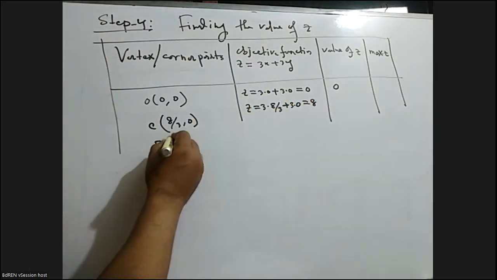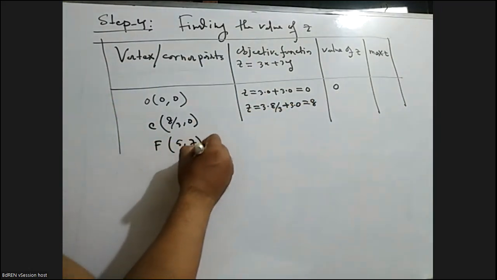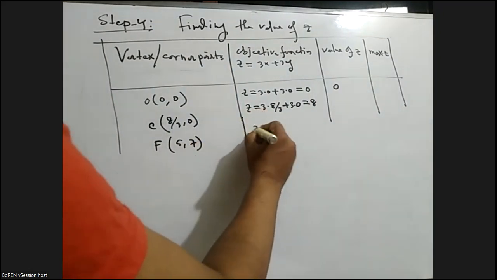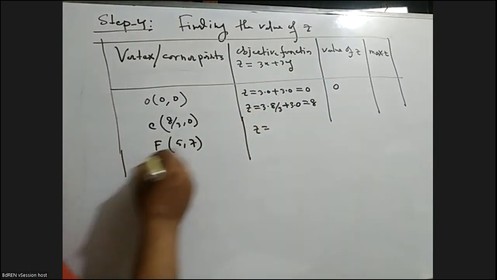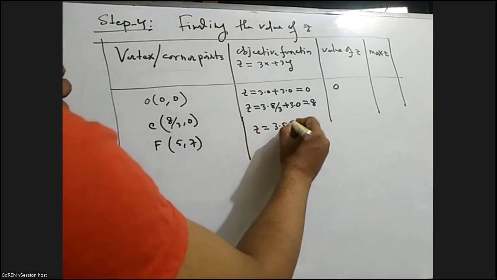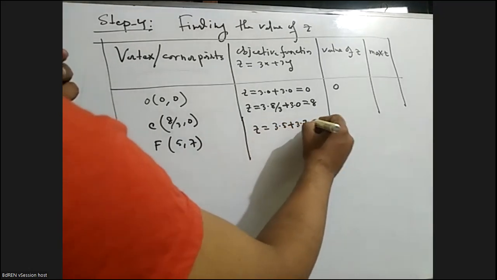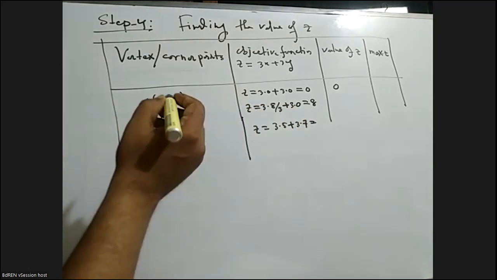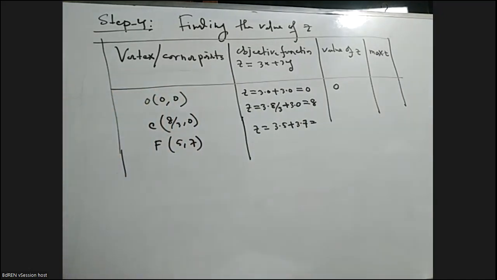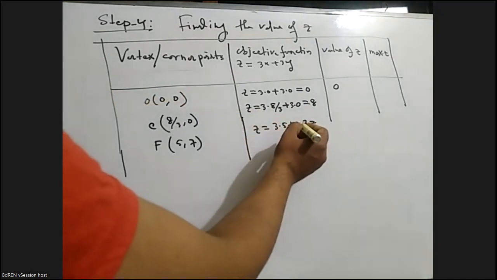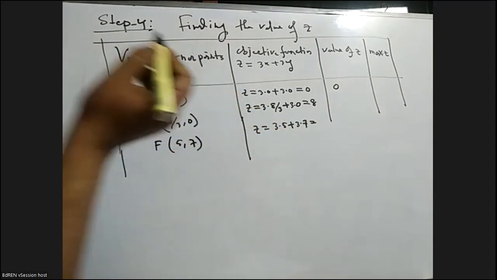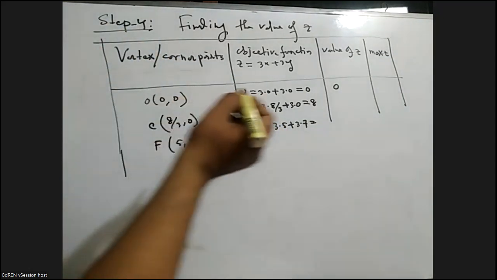This will be not min values, this will be max values. Now F point what? (5, 7) and value of Z at this point: 3 into 5 plus 3 into 7. Actually, after multiplication, 3 times 5 is 15, 3 times 7 is 21. So 15 plus 21 what? 36.